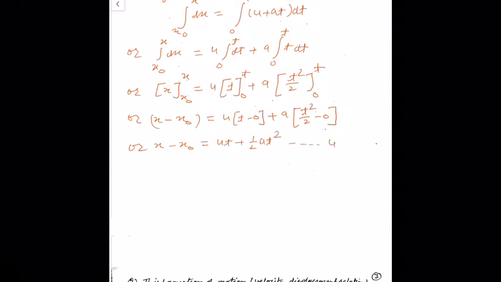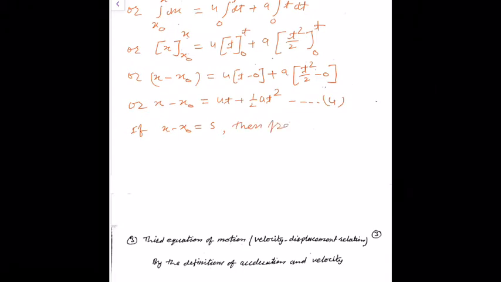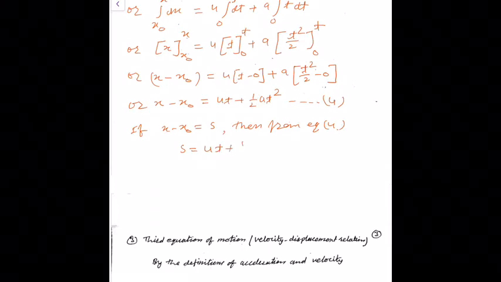It is equation 4. If x minus x naught equal to s, then from equation 4, s equal to ut plus half at square.